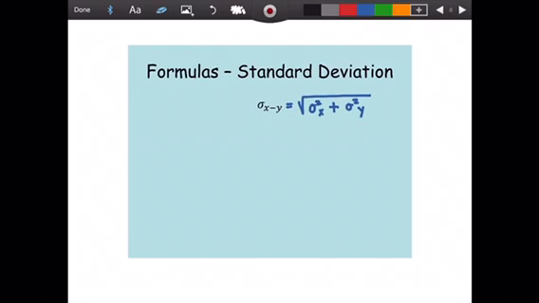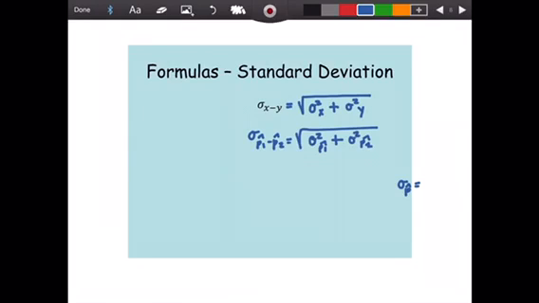So if we were going to rewrite this, the standard deviation for p hat 1 minus p hat 2 is the square root of the sum of the variance of p hat 1 and the variance of p hat 2. Well, that requires us to remember our rules for the standard deviation of p hat.